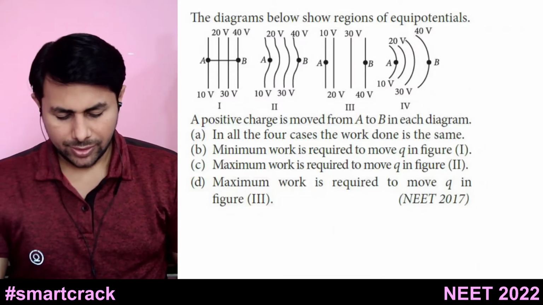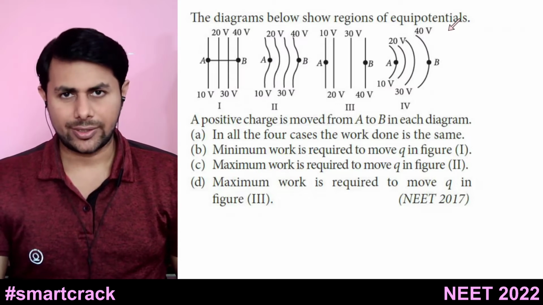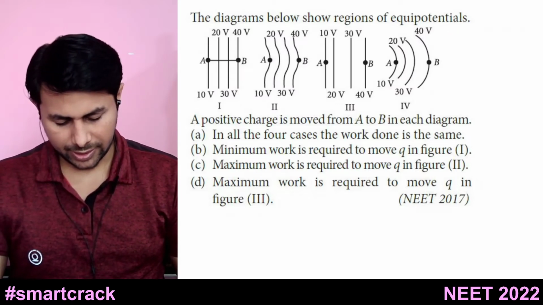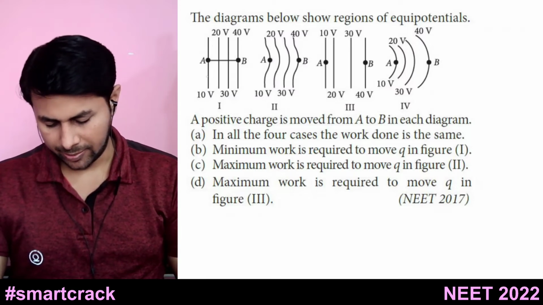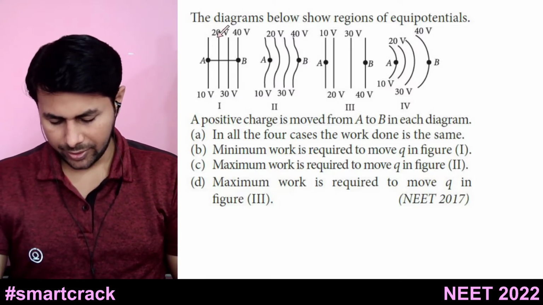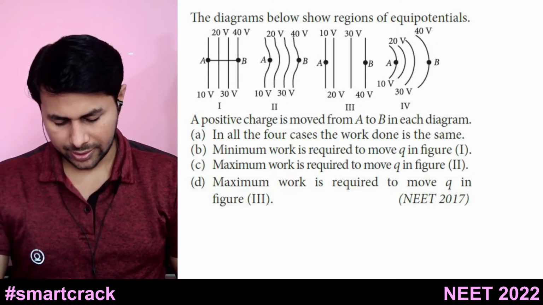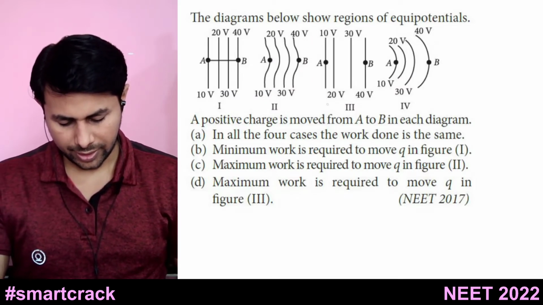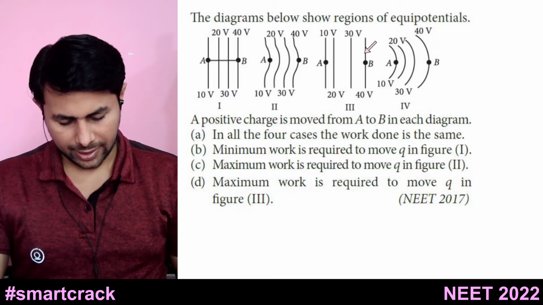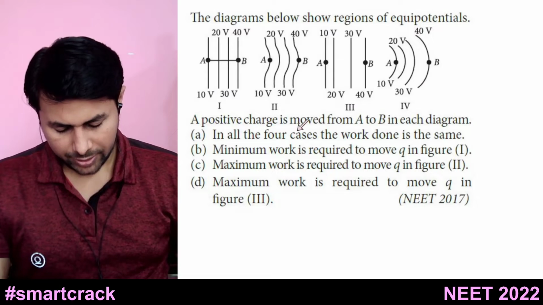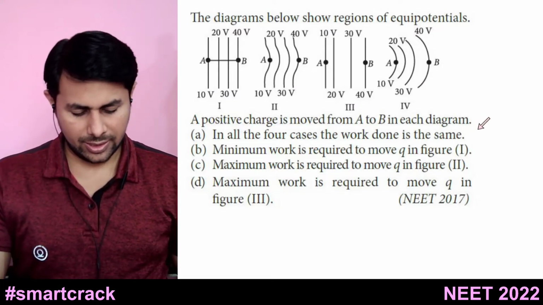The diagrams below show regions of equipotentials. These are equipotential surfaces. This is the first, second, third, fourth case, and the potentials are 10 volt, 20 volt, 30 volt, 40 volt. I guess it is the same for all diagrams. A positive charge is moved from A to B in each diagram.